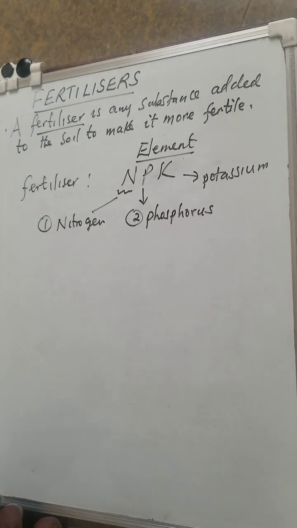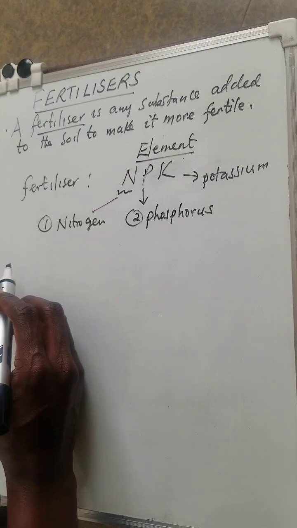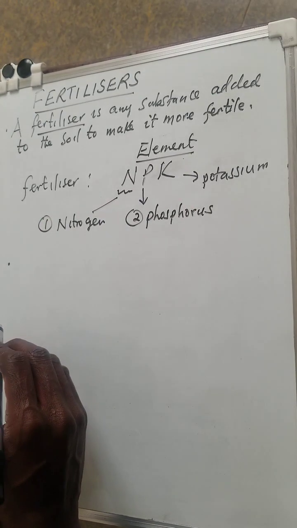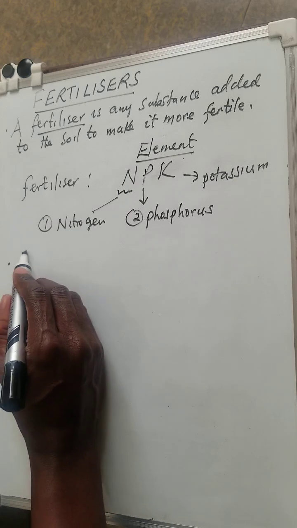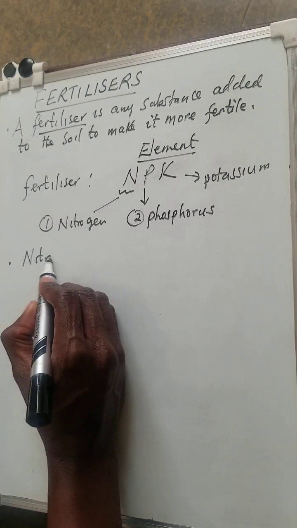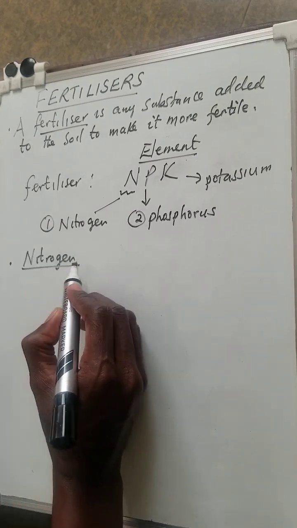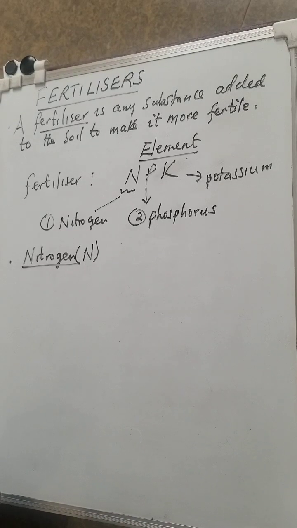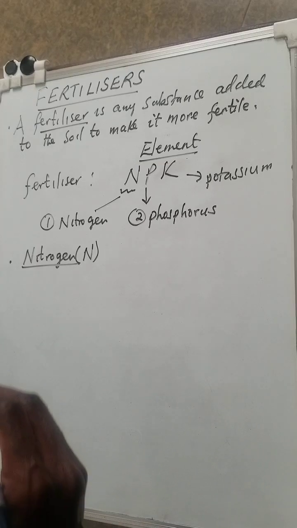Now, why are these elements important to plants? Well, let's start with nitrogen. Why do plants need nitrogen? Remember, plants need nitrogen for making chlorophyll and plant proteins.